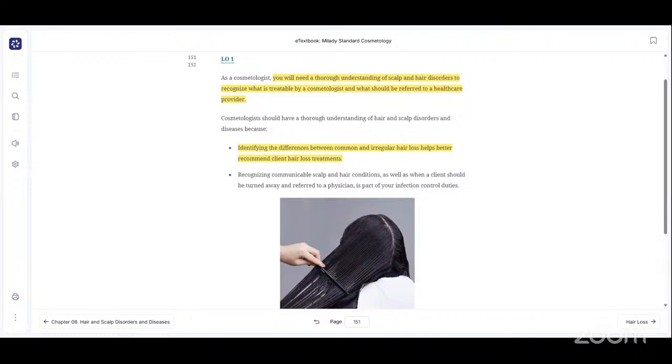Okay. Also, you have alopecia areata. You find this in round or irregular spots. It's usually a hair loss associated with stress. Period.